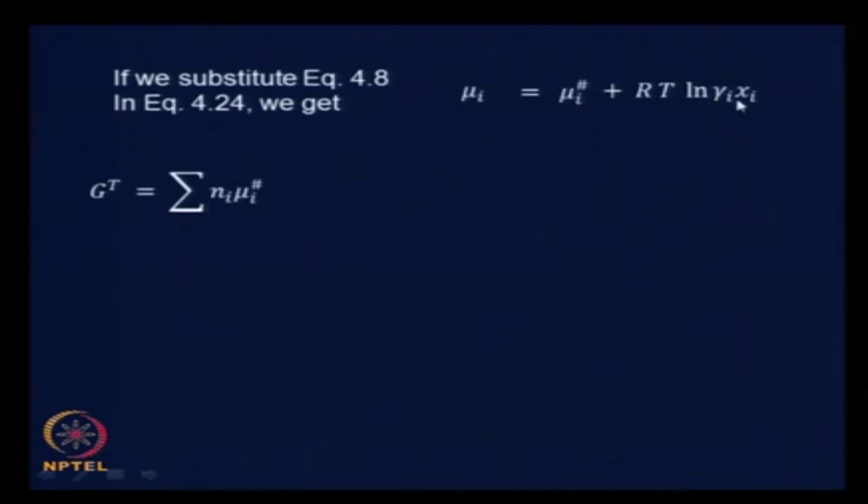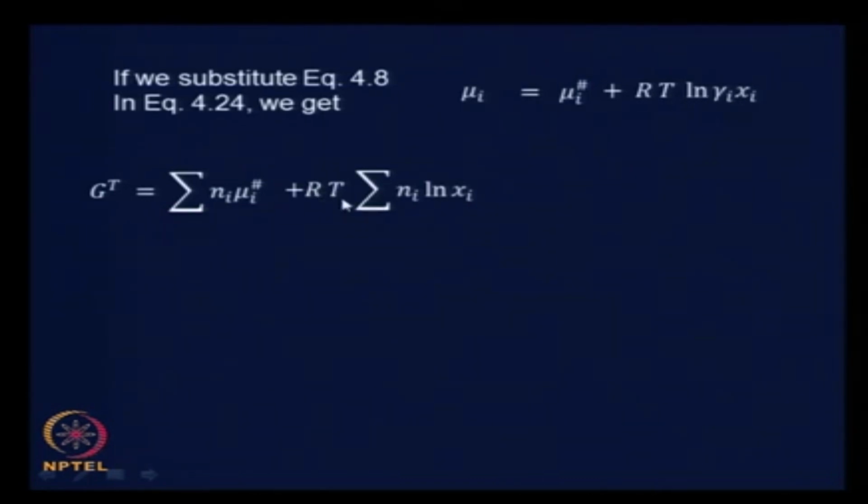RT ln gamma i xi could be written as RT ln gamma i plus RT ln xi. You know that ln of AB is ln of A plus ln of B. Therefore, if you multiply each term by Ni and sum it over all i's, we would get sum over Ni mu i hash, plus RT times sum over Ni ln xi.